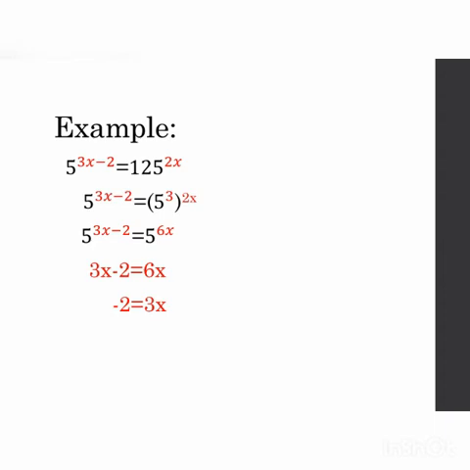Negative 2 is equal to 3x. Divide both sides by 3 and cancel the 3. The answer will be x is equal to negative 2 over 3.